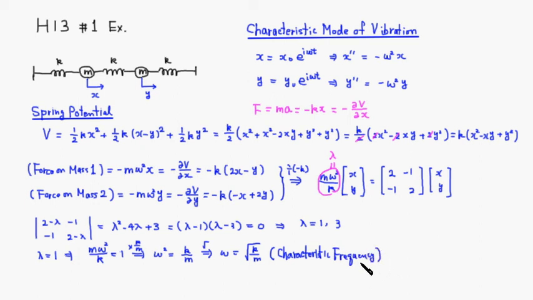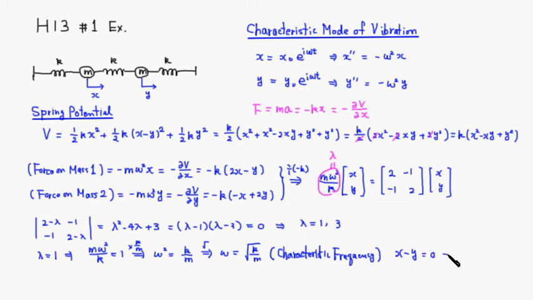All right. And then we can describe the characteristic mode of vibration by plugging the eigenvalue back in here. So 2 minus 1 is 1, so 1x, so x minus y equals 0, right?